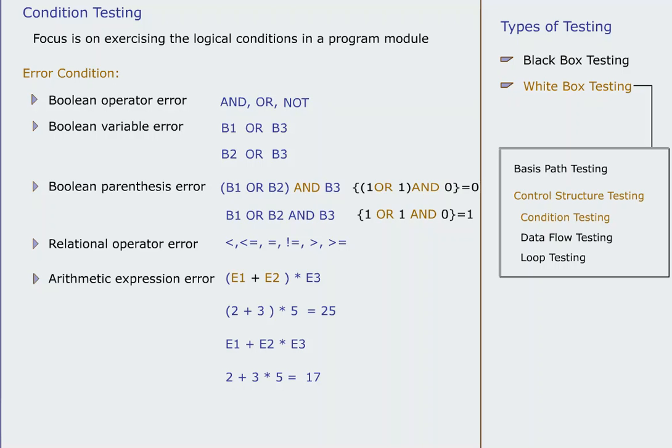For example, we want to add two values and then multiply the result with a third value. Our expression should be variable number 1 plus variable number 2 followed by parentheses and then multiplied with variable number 3. If we write this expression without parentheses, then the result would be different.